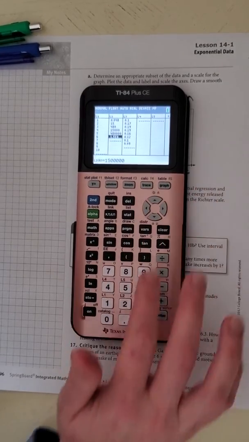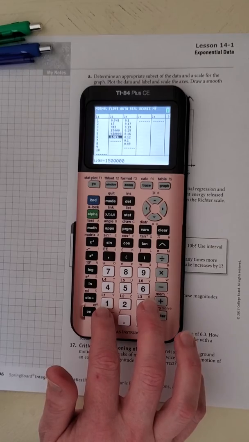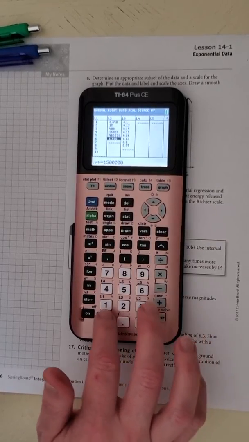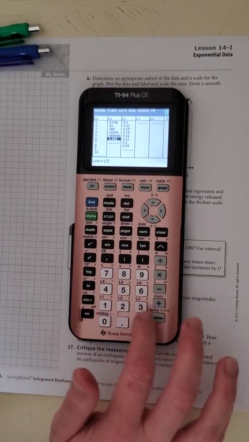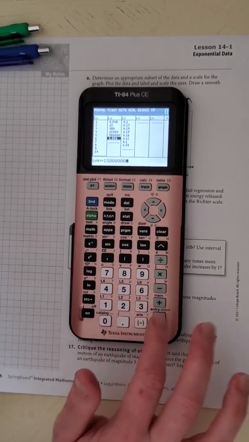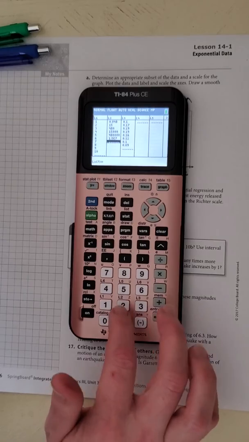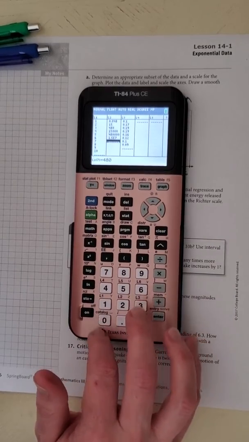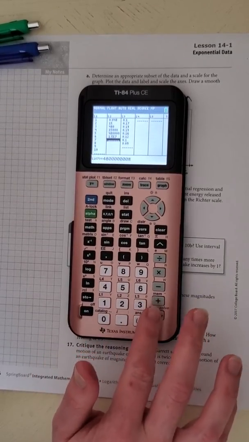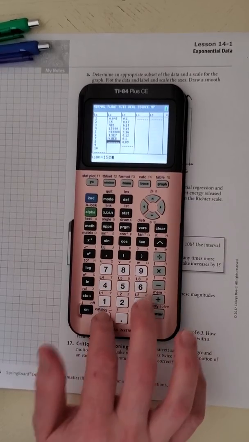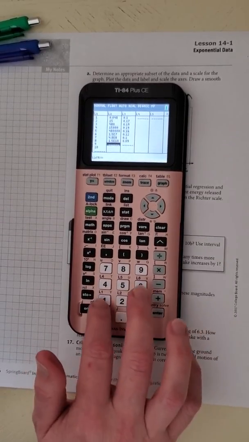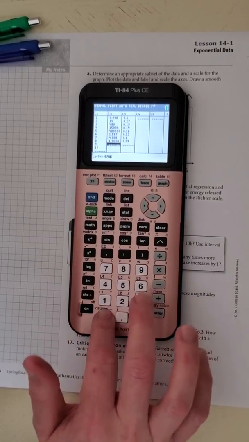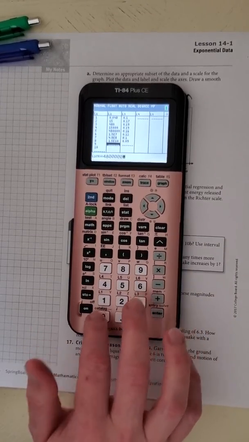Oh, I think I put one too many zeros. Let me try that one more time. Oh, I have one too few zeros, sorry. 15, then 480, and so on.